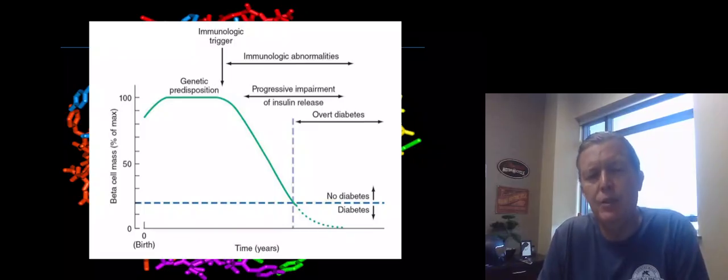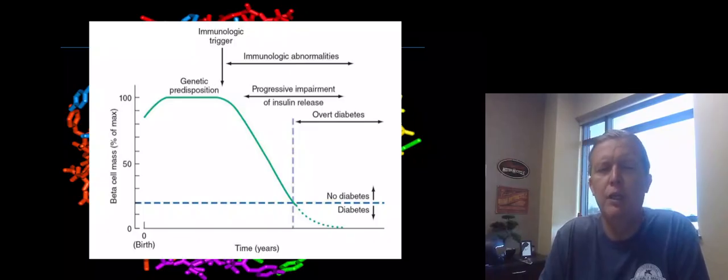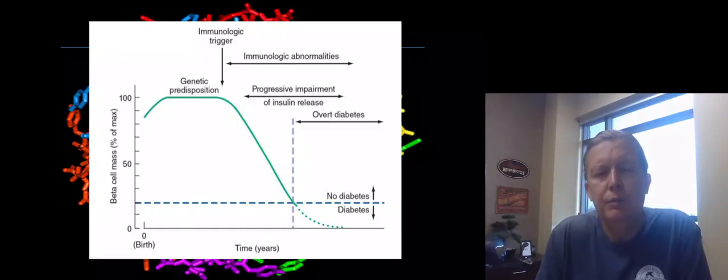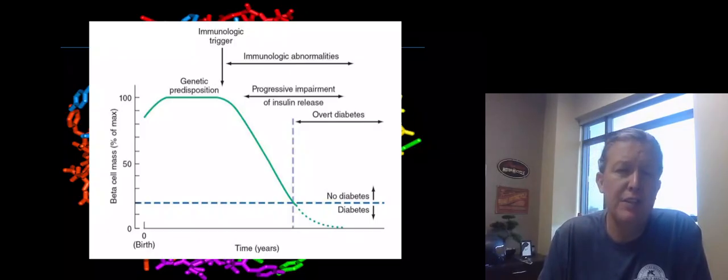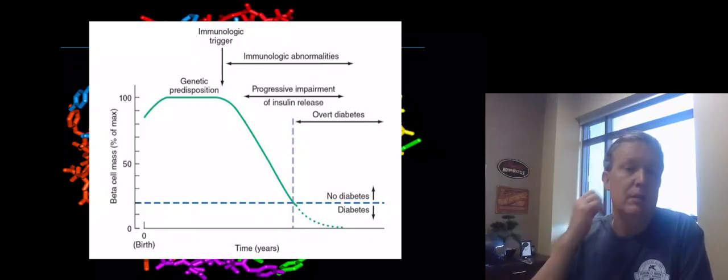In the patient population that are genetically predisposed to the development of type 1 diabetes or other genetic forms of diabetes, the patients have 100% of their beta cell mass for a period of time.